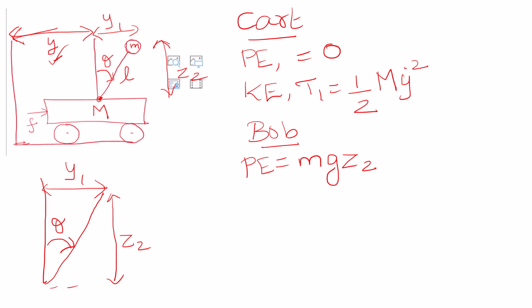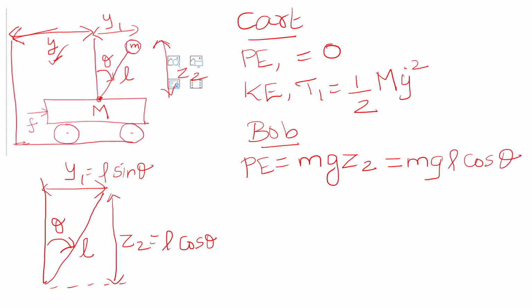If the length of the pendulum is L, then this distance will be L cos theta, and y1 will be equal to L sin theta. So mgz2 is equal to mgL cos theta.